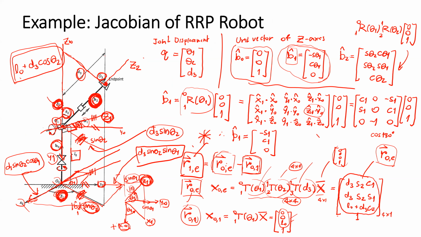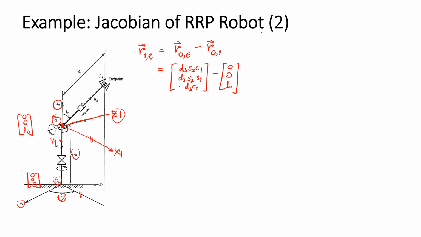This one also has L0. Okay, so finally, the relative position vector from 1 to the end effector is equal to D3 sine theta 2 cos theta 1, D3 sine theta 2 sine theta 1, and D3 cos theta 2.